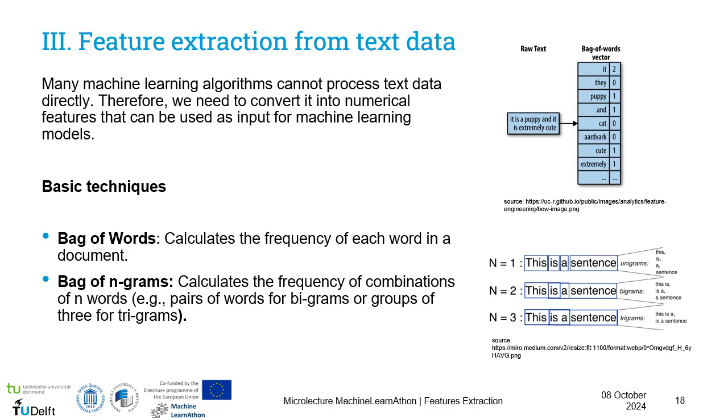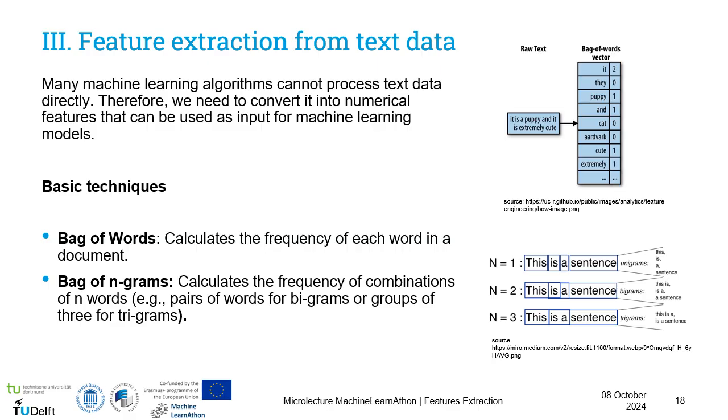Finally, we can move to text data. Most of the time, machine learning algorithms cannot process text data directly, but we need to convert text data into numerical values. The simplest approach is to take, for example, sentence, paragraph, or some bigger section of text and calculate the frequency of each word in this text, number of the occurrence of each word.